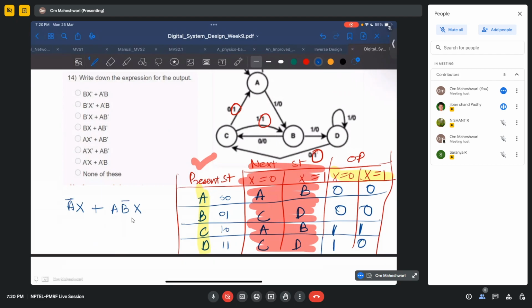If we take x common, how we will get A bar x plus B bar x? A B bar. So it will become x. Yeah.